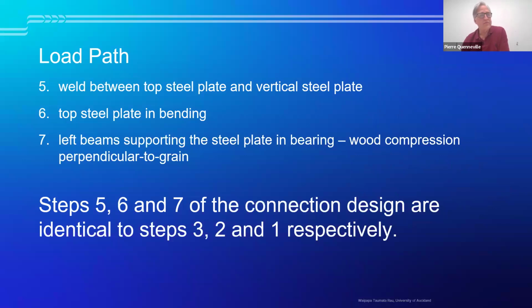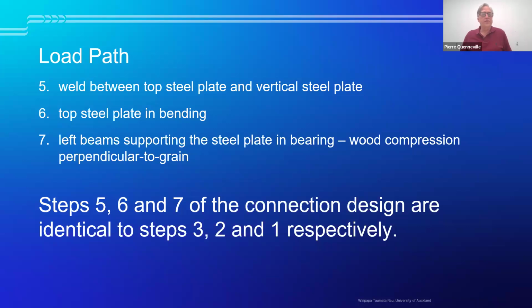The next 3 steps constitute the weld between the top steel plate and the vertical steel plate, the top steel plate in bending, and the left beam supporting the steel plate in bearing, which again is wood compression perpendicular to grain. These steps are equivalent to steps 3, 2, and 1, respectively, if the beam grade is the same, or the compression perp to grain of the 2 beams are the same.